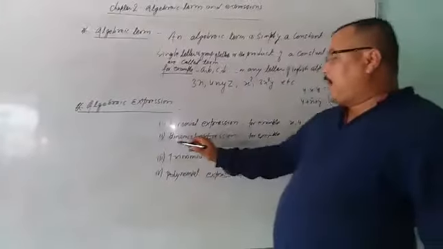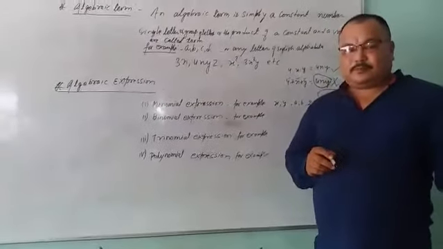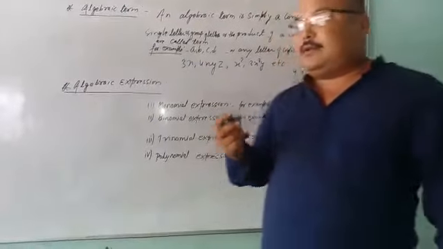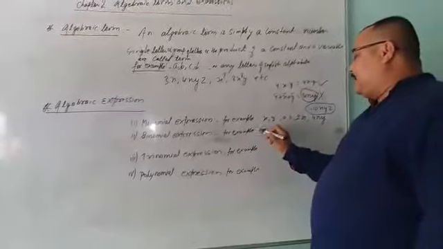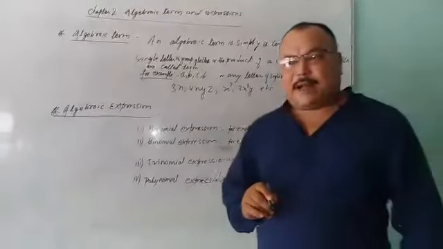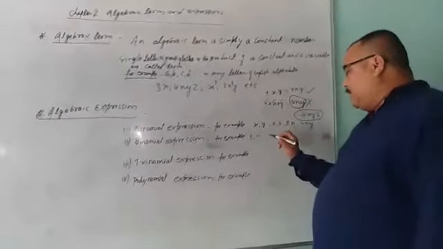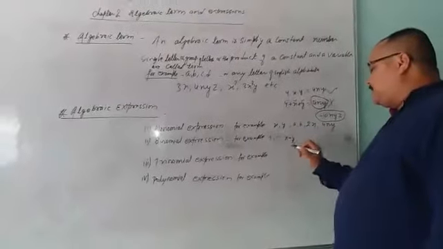Similarly the binomial expression. Bi means double. It means two terms. When any two terms are separated by a plus or minus sign, that is called a binomial expression. So x minus y is an example of a binomial expression.